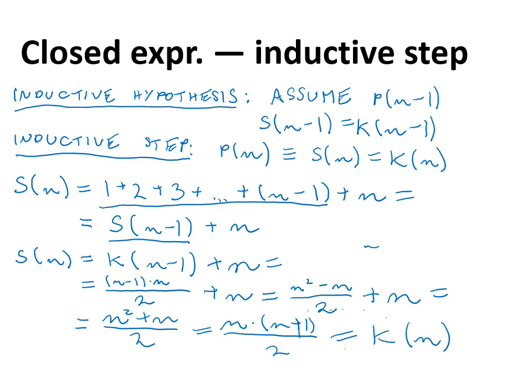So we show that S of n is equal to k of n, and hence we proved the original problem. And this concludes our inductive proof of this problem.